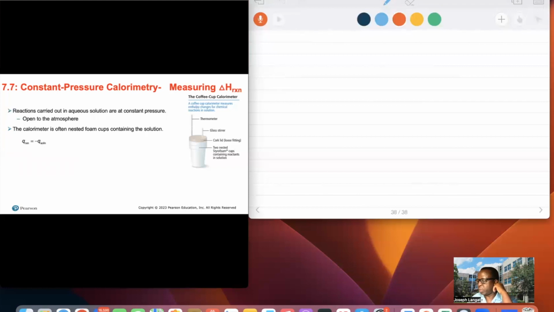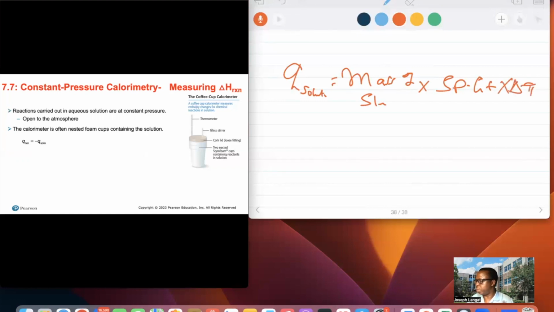And here, Q for the solution is given by the mass of solution times the specific heat of solution times change in temperature. So here, when you look at that, it's gonna be negative.